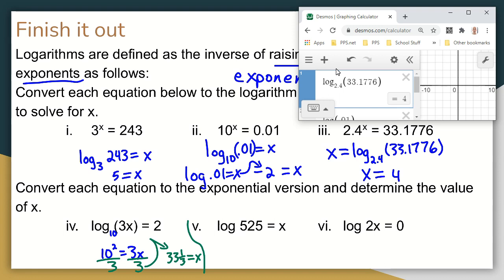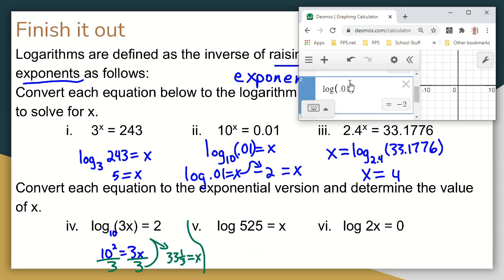Okay, I'm going to move on then. Again, there's no exponent or no base written in here, so it's base 10. So we have 10 to the x is equal to, wait a second. This one we don't need to solve. It's already solved for x. If it's solved for x, then what we need to do is just use our calculator.